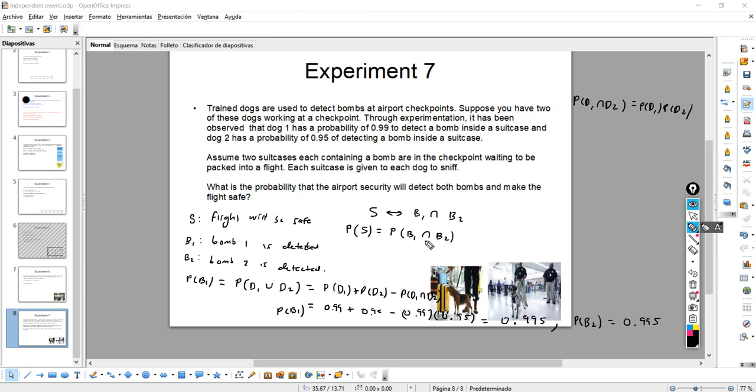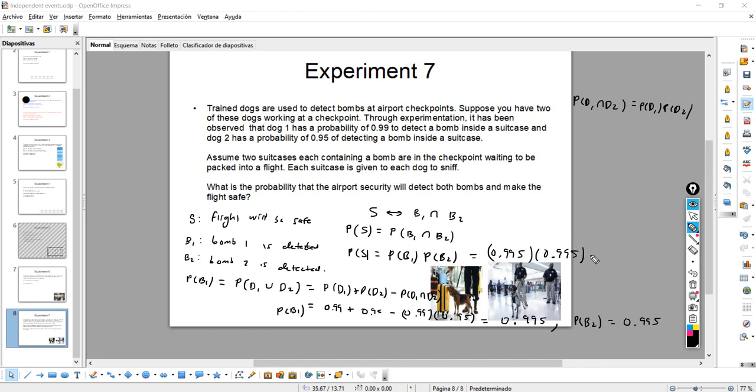Once again, we can assume independence, and therefore all we need to do is the multiplication of the probability of B1 and the probability of B2. So it's gonna be like this, and we have both of them, which is 0.995 times 0.995, and let's calculate such probability.